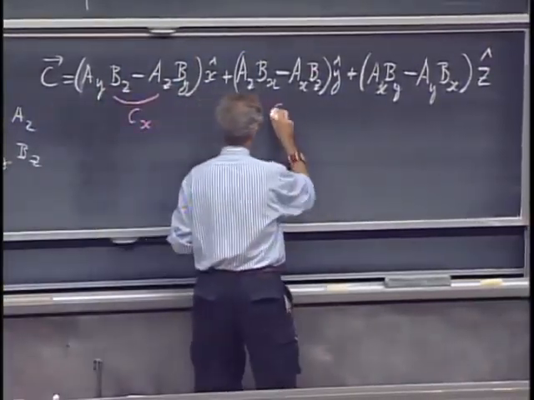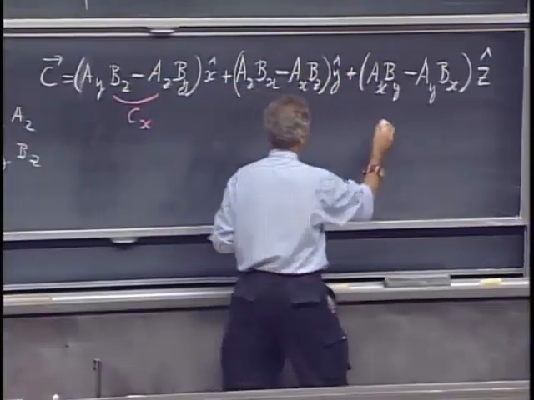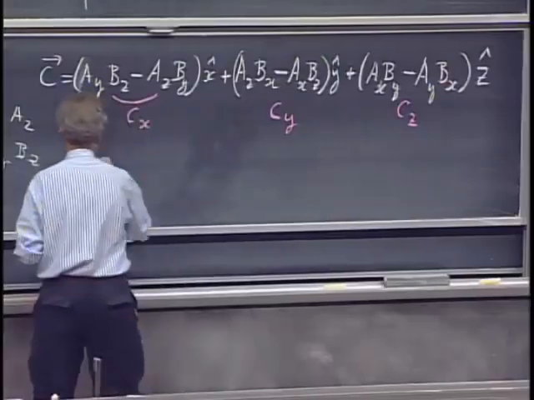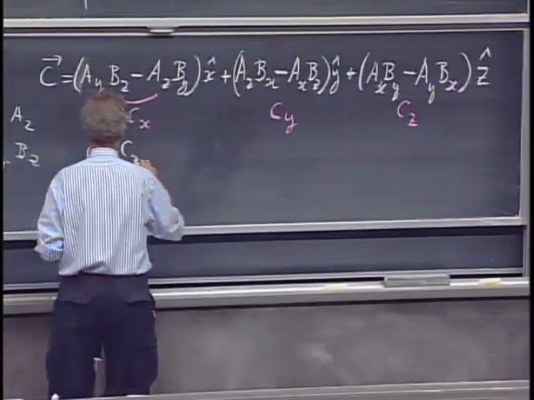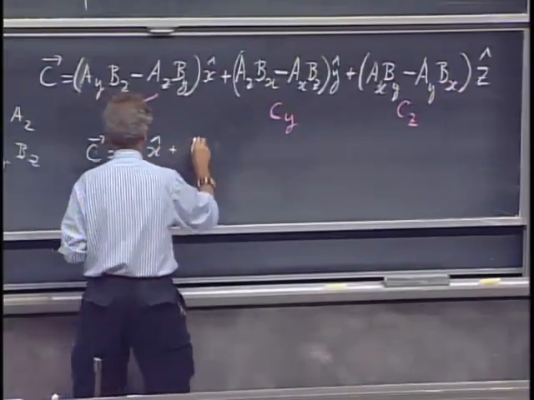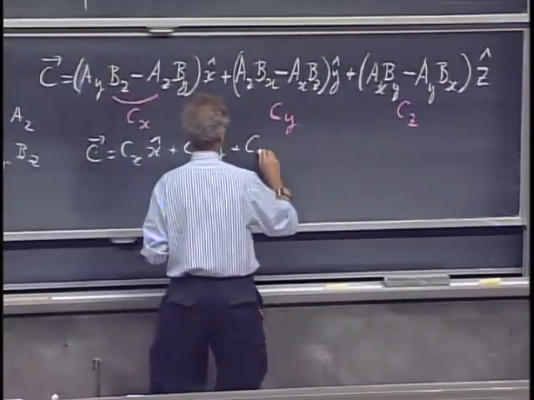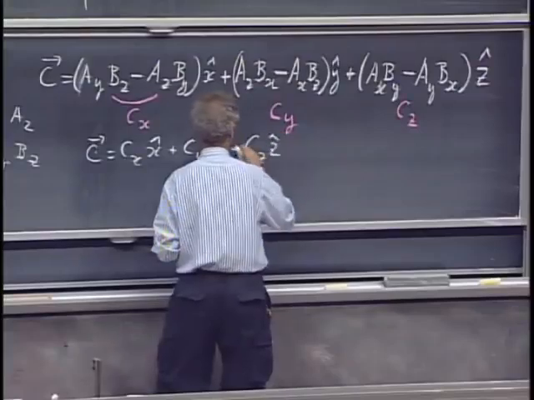And this we can call C of Y, and this we can call C of Z. So you can also write that vector C equals C of X, X roof, plus C of Y, Y roof, plus C of Z, Z roof.